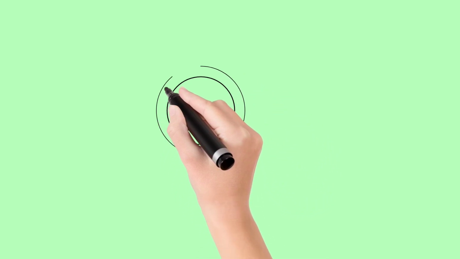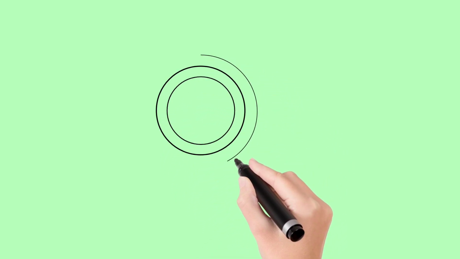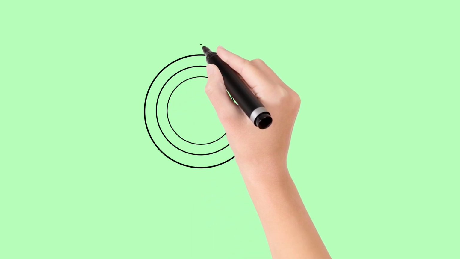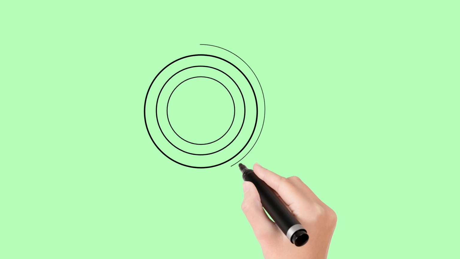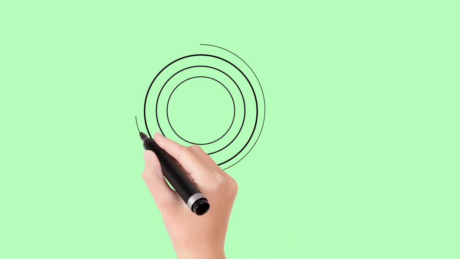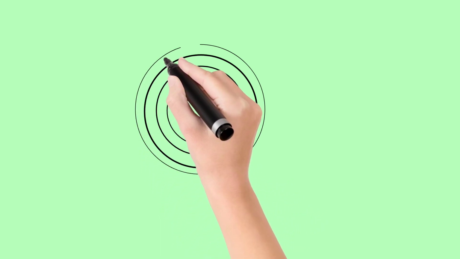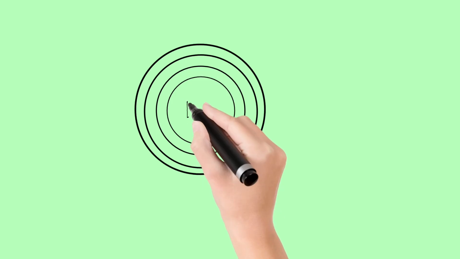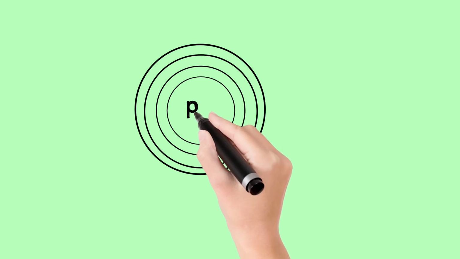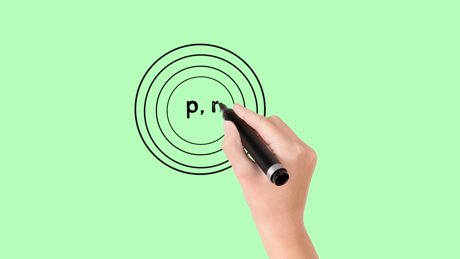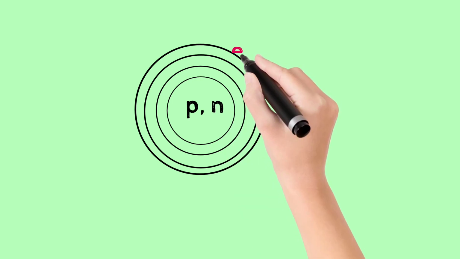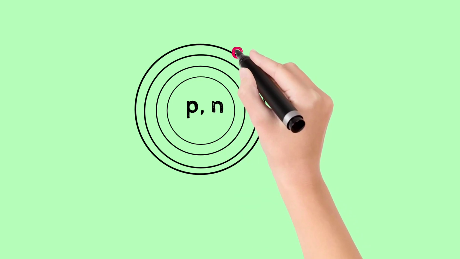Today we are going to learn about subatomic particles. The atom is spherical in shape, in which the center part is known as the nucleus, which has positive charge and has protons and neutrons, called subatomic particles.